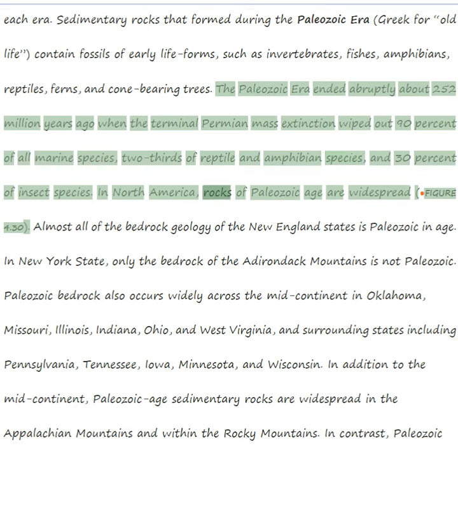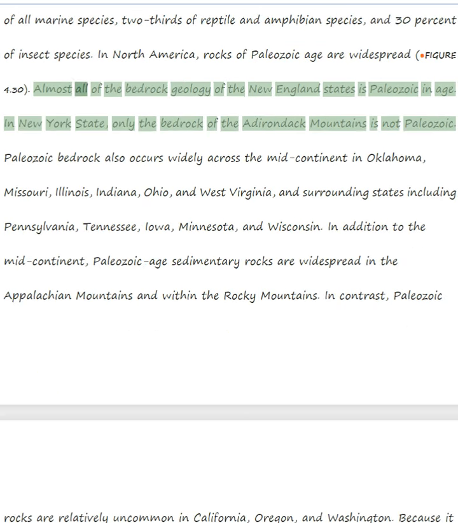In North America, rocks of Paleozoic age are widespread. Almost all of the bedrock geology of the New England states is Paleozoic in age. In New York State, only the bedrock of the Adirondack Mountains is not Paleozoic.